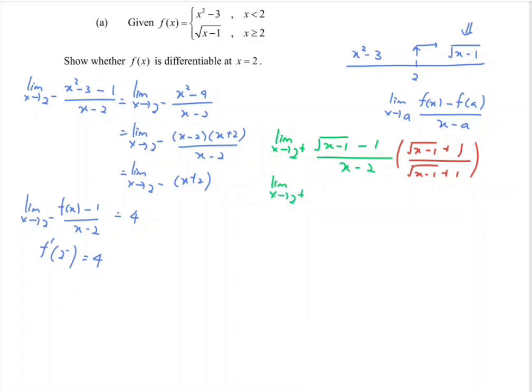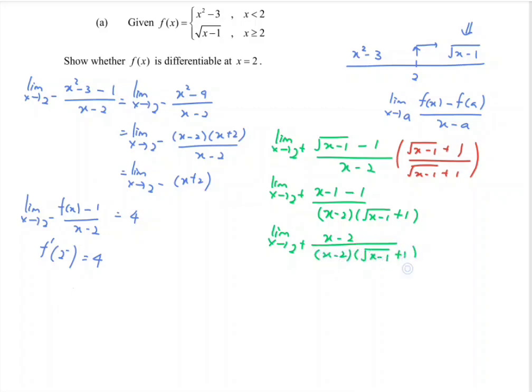Expand the numerator, so we can make use of a squared minus b squared. So (x minus 1 minus 1) over x minus 2, multiplied by the square root of x minus 1 plus 1. So the limit as x approaches 2 from the right, we have x minus 2 over x minus 2 multiplied by the square root of x minus 1 plus 1.